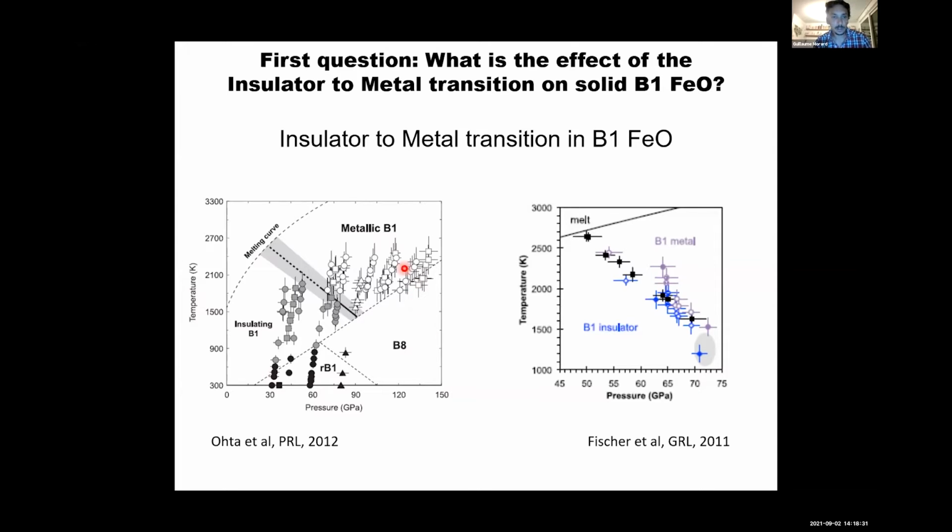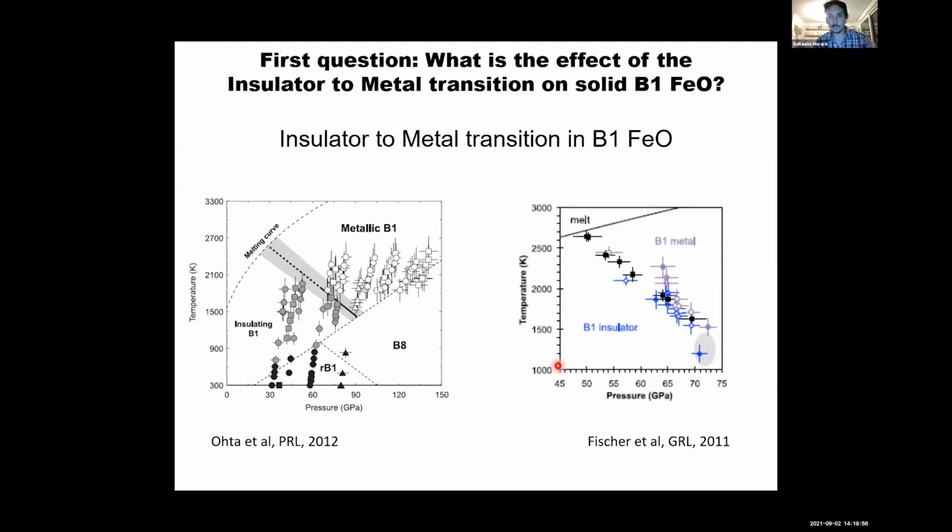By conductivity, Ohta and co-authors have seen a jump in the inferred conductivity, showing a transition from insulating to metallic behavior at high temperature in solid FeO. There has also been a signature in the emissivity of the structure at the same conditions.